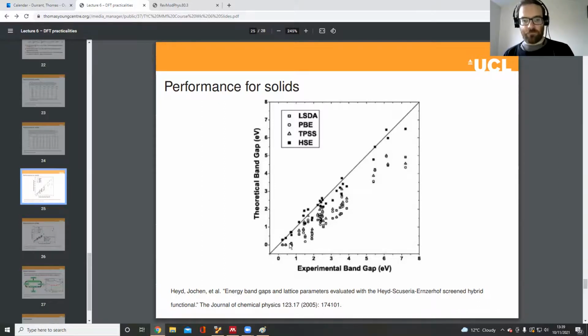You can see that the circles on this graph, which are the PBE results, are much lower than the experimental band gap by almost a factor of a half across this whole range of systems that have been considered. The black squares for HSE are much closer to experimental band gaps.